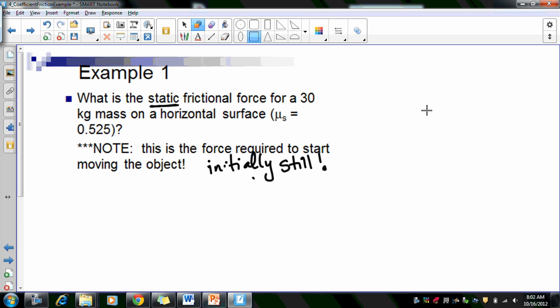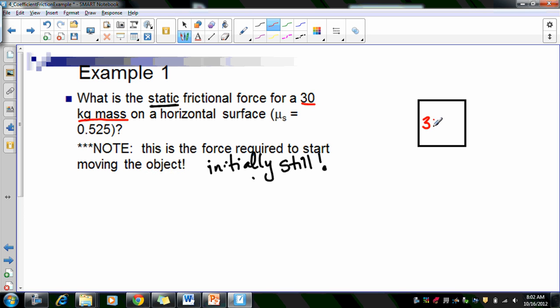start with a free body diagram. Start with the box. Inside the box goes the mass, which is 30 kilograms. This is on a surface. Let's make sure we draw it on a surface.